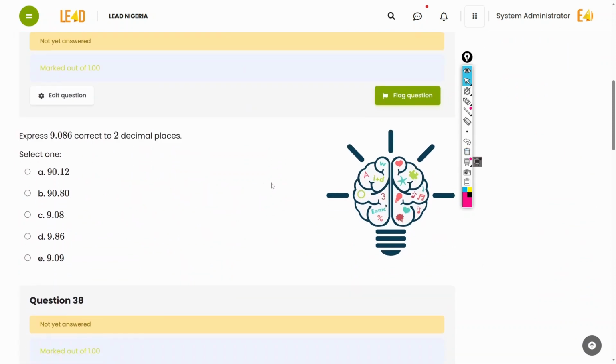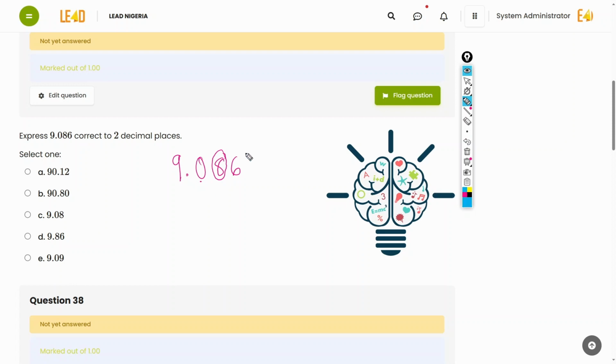Question 37. Express 9.086 correct to 2 decimal places. First decimal place, second decimal place. We are rounding here.